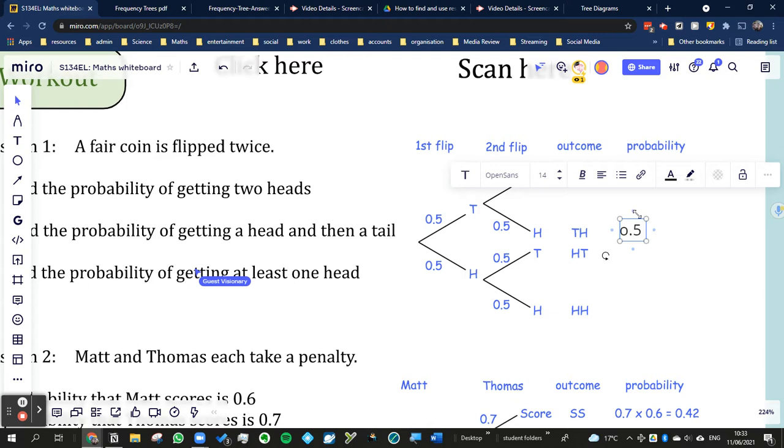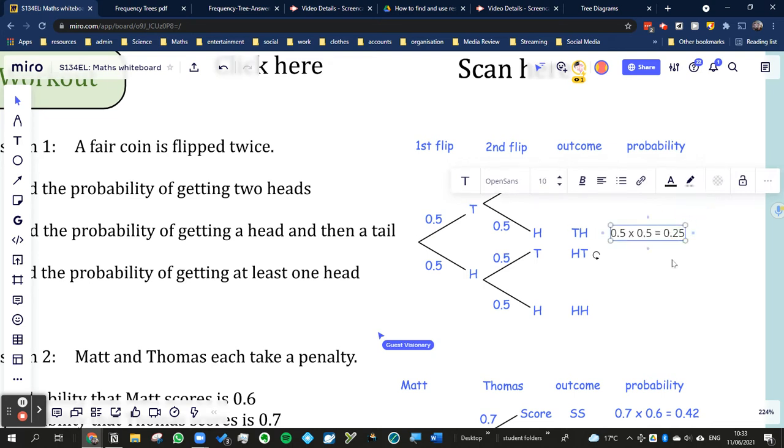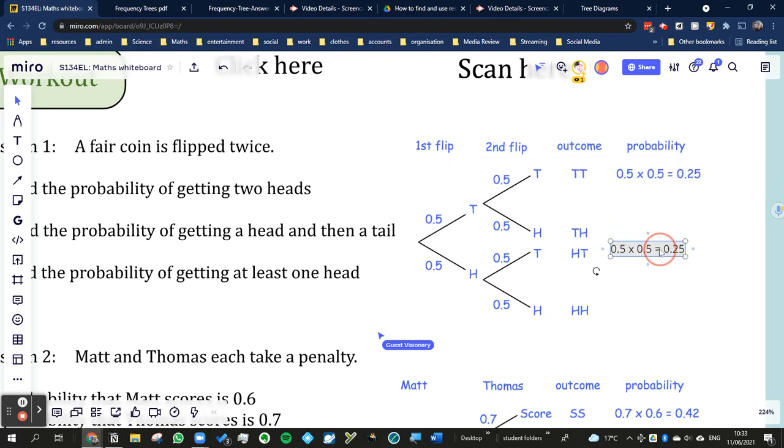Again, it's going to be 0.5 times 0.5. It's the same probability, of course, because what's the probability of being a tails? 0.5. What's the probability of it being a head? 0.5. So again, it's going to be 0.25. Now, all these are going to be the same number, in fact, because they're all 0.5 times 0.5.